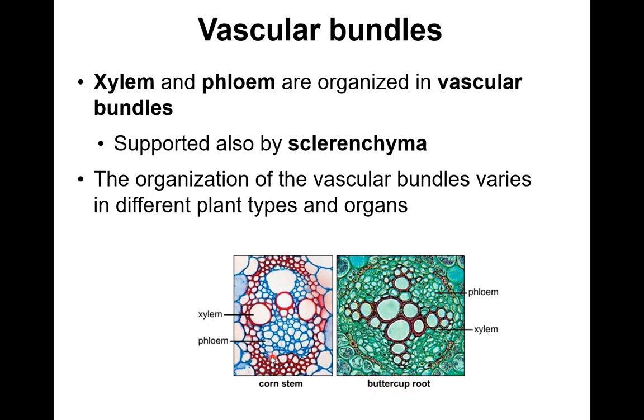If you look, the vascular bundle here has the xylem, which has a secondary cell wall that stains red. In the xylem here you have the tracheids, which are the smaller type of vessels. You see them right here. And then you have larger vessels here, which are indeed what we call the vessels.